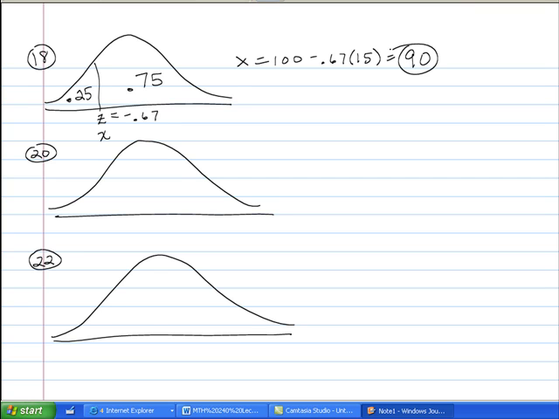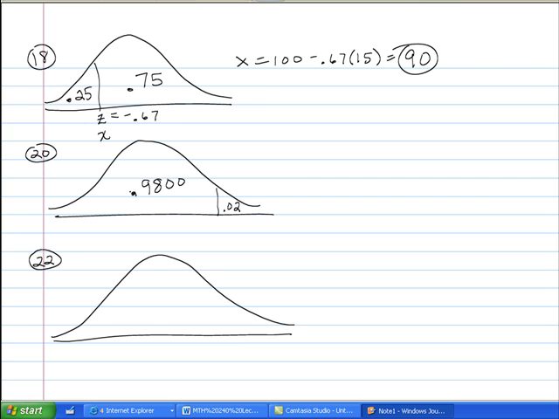Okay, so higher than 98% of the general population. So it's going to be a positive. We're going to find z first. We're looking for 0.9800. Okay, 0.9798, 0.9803.